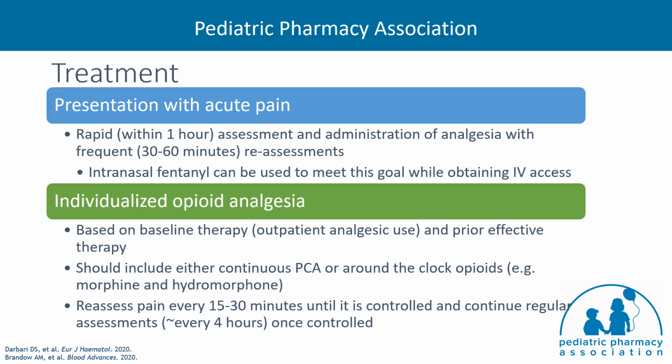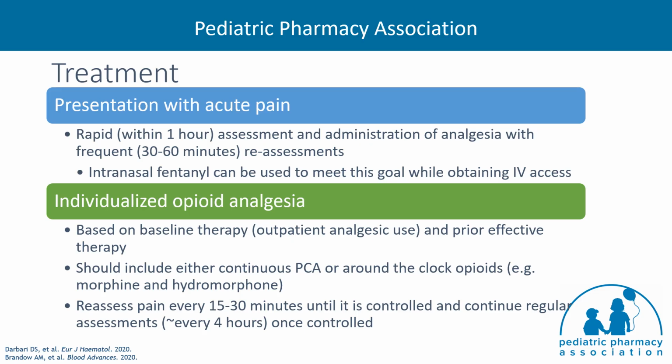We also want to provide individualized opioid analgesia for these patients. So we can base this on baseline therapy, so what's their outpatient analgesic use look like, as well as prior effective therapy. Many of these patients may prefer Dilaudid to morphine or vice versa based on past experiences.